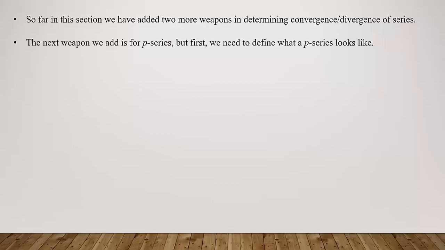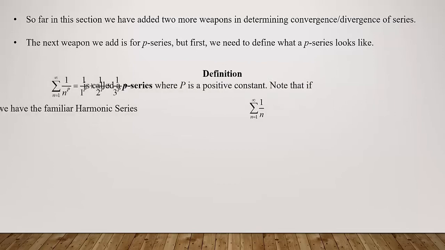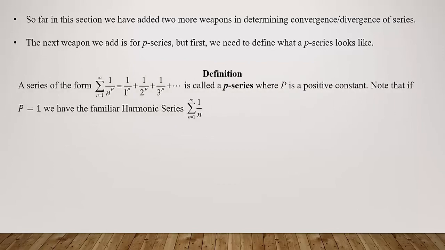So far in this section, we've added 2 more weapons in determining convergence, divergence of series. This next weapon is for a special family of series called p-series. But first, we need to define what a p-series looks like. Here's the definition. A series of the form, the sum n equals 1 to infinity of 1 over n to the p.